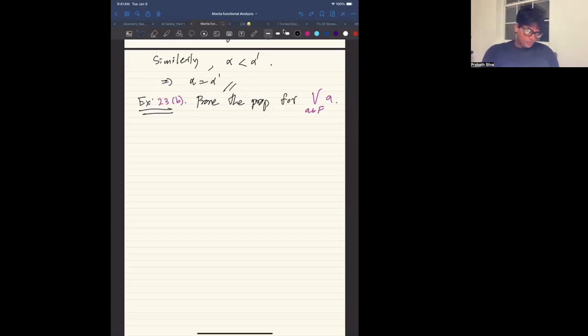So when L is simply, let's say, the real numbers under less than or equal, for A and B in here, A join B is actually the minimum.